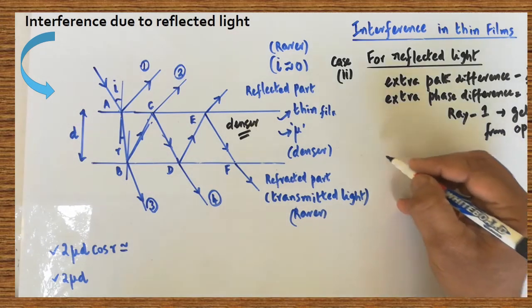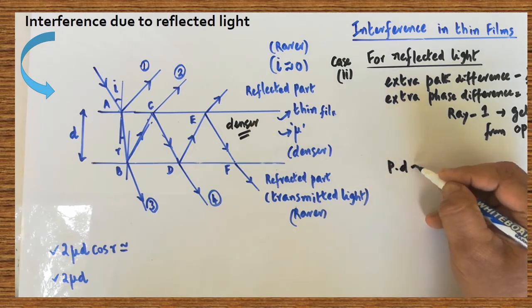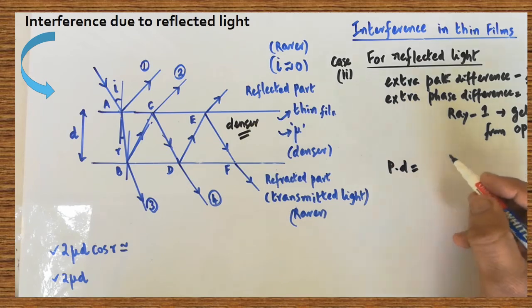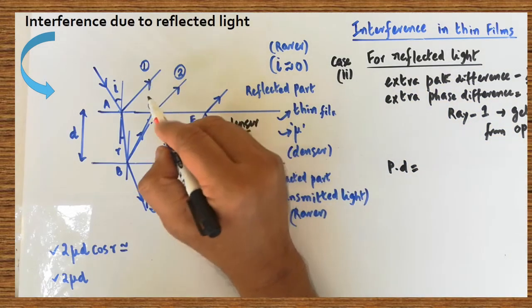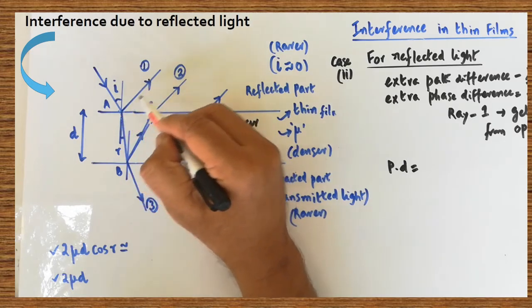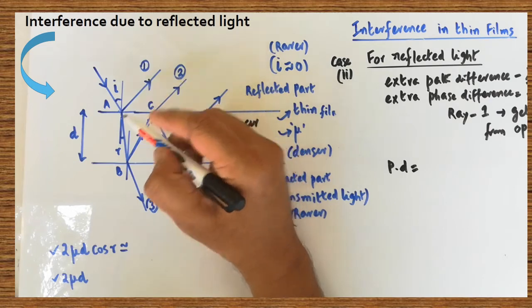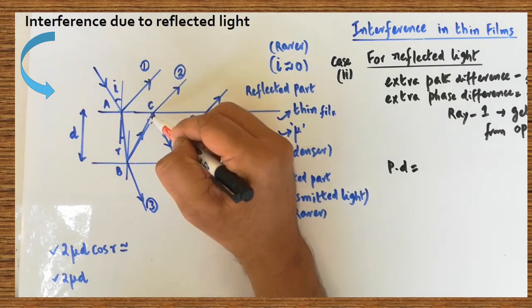Are you clear? Now, to calculate the path difference, we have already learned 2 mu d. Look at that, in between ray number 1 and 2, what is the real path difference? AB plus BC. The second ray travels the extra distance of AB and BC before interfering.